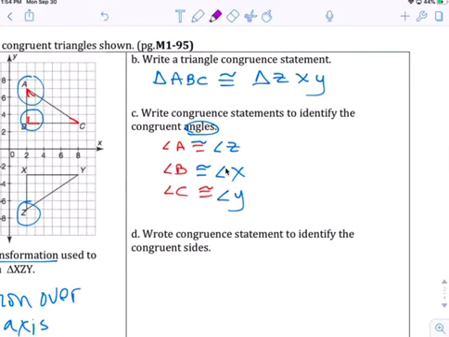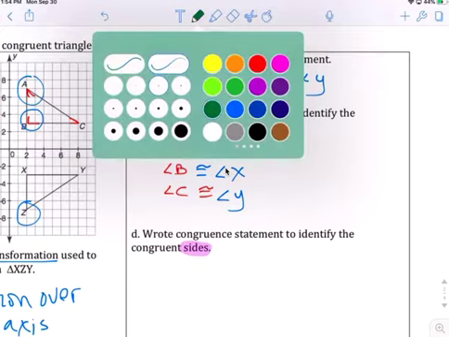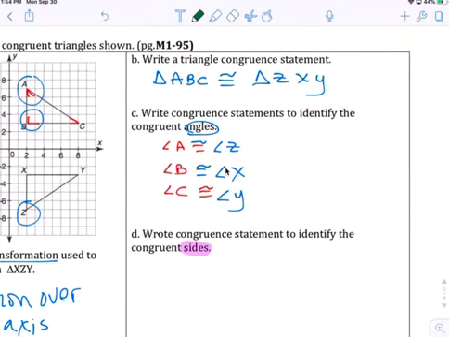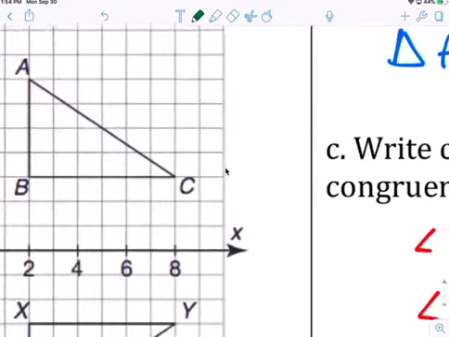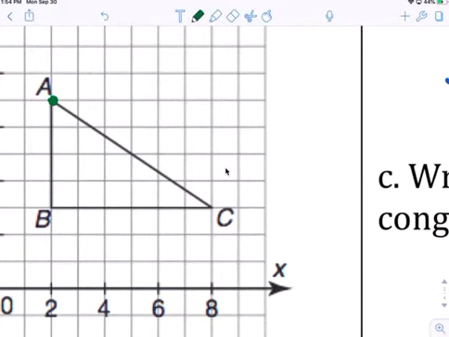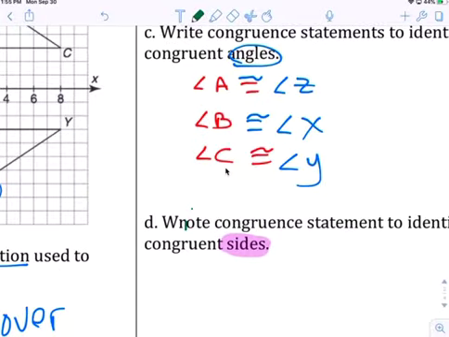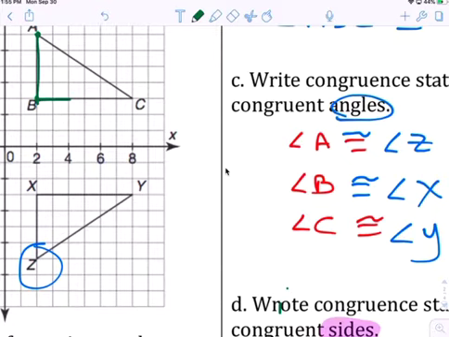Okay, now here we're writing congruent sides. Write, not wrote, a congruent statement to identify congruent sides. Okay, so there's congruent side. What makes one side? A to B makes one of the sides. B to C makes another side.